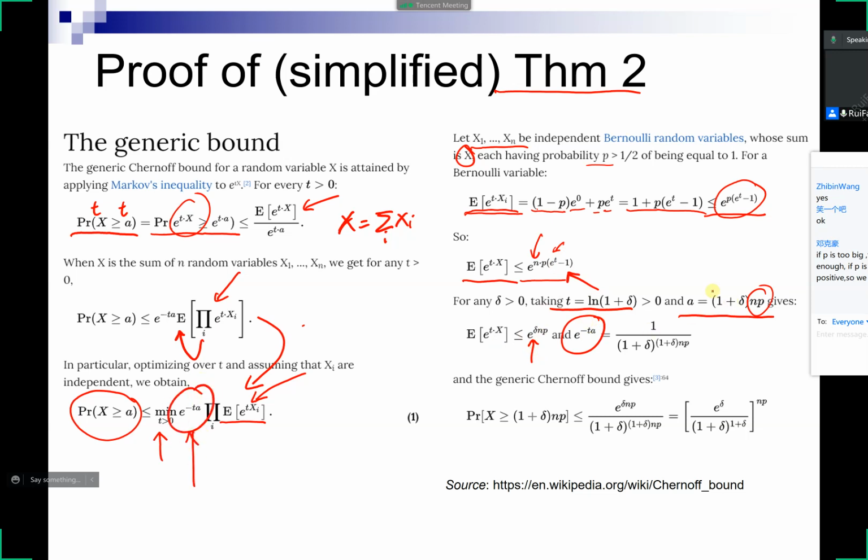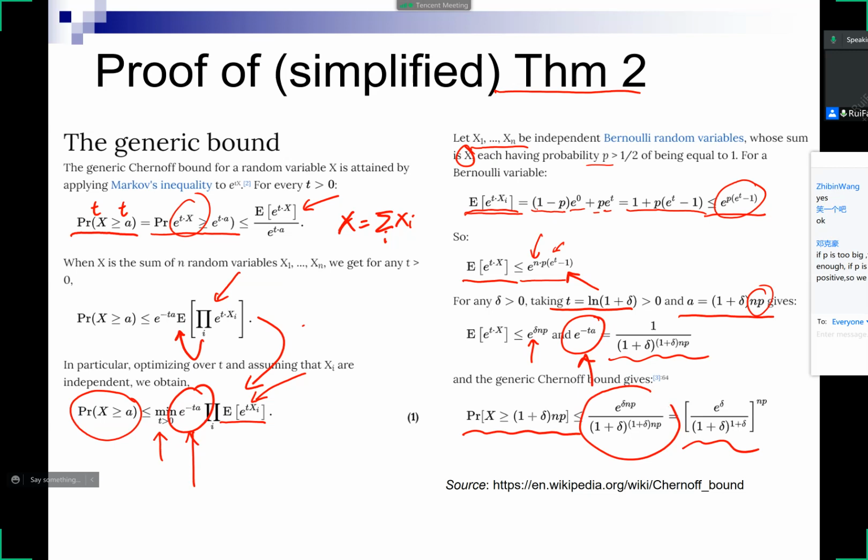If you pick a to be this right-hand side, then it simplifies to this expression. Now you just plug everything in, and you get that the probability that x is more than 1 plus delta times its expected value is going to be the product of these two terms, which simplifies to this thing over here.